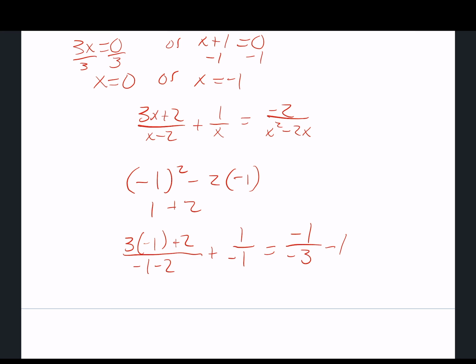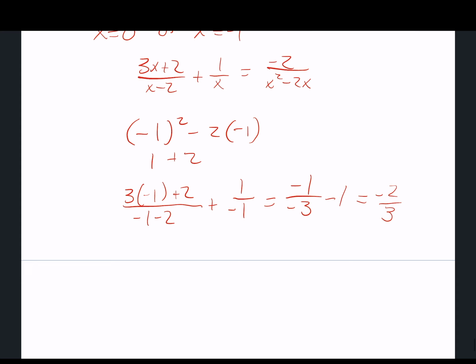What does that give us? Well, that gives us negative 1 over negative 3, which is 1 over 3 minus 1. Or, what's 1/3 minus 1? Is that negative 2/3? Negative 2/3.